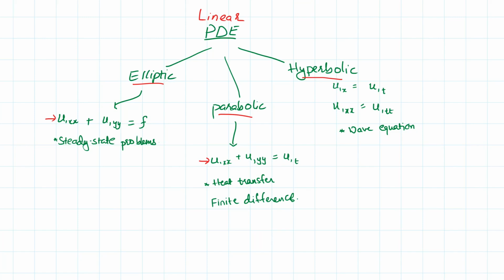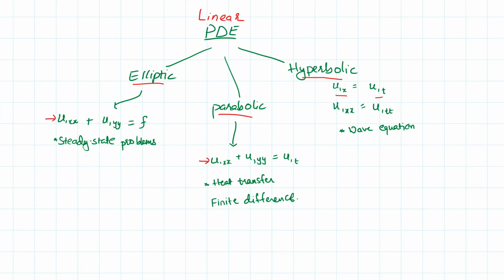The third type is a hyperbolic PDE, and this is a special class of problem where you will have a differentiation with respect to the spatial coordinate equal to the differentiation with respect to the temporal coordinate.